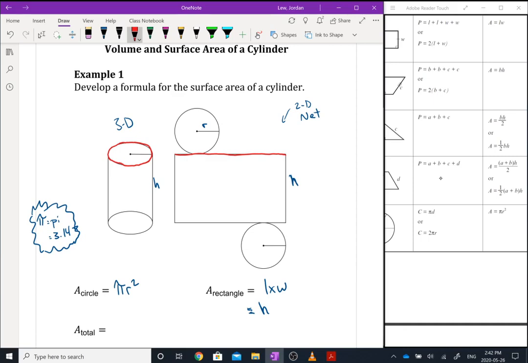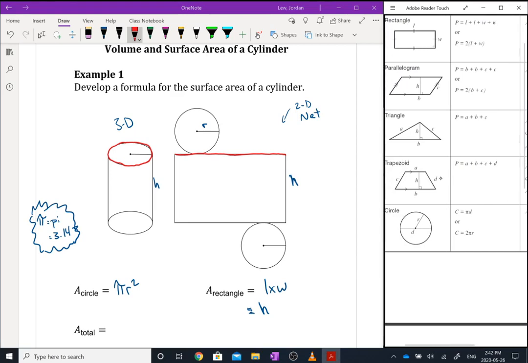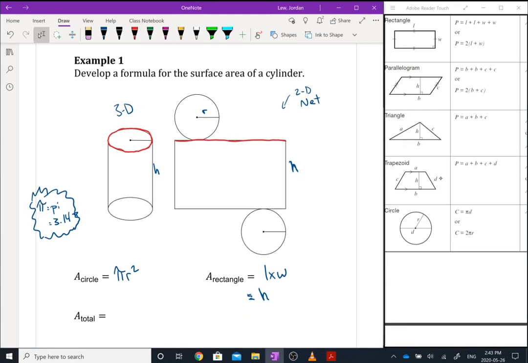So if we know this distance in red for the circle, we should be able to figure out this red distance. And if we look at our formula sheet, we know that circumference, or the perimeter or the distance around a circle, is 2 times pi times r. So what we have in red here is our circumference.